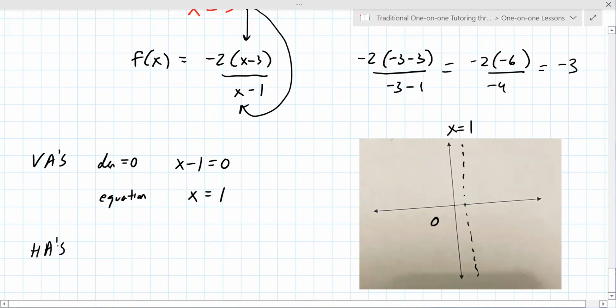So can you tell me what you think the horizontal asymptote is in this problem? It's like the first one we did. So if you want, I can scroll back up, or you can look at your notes.